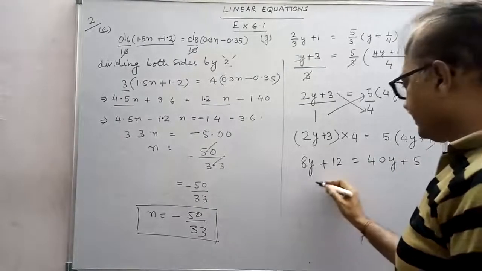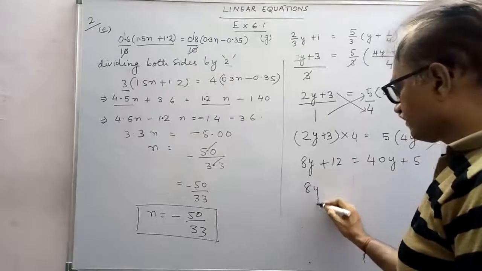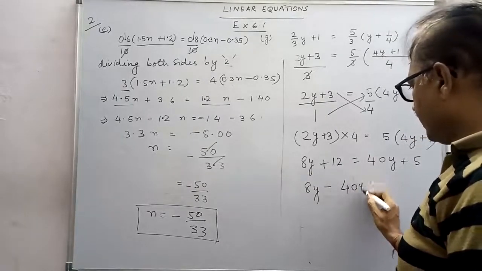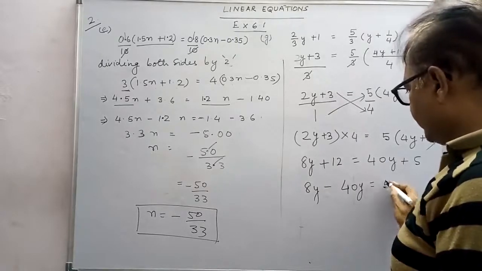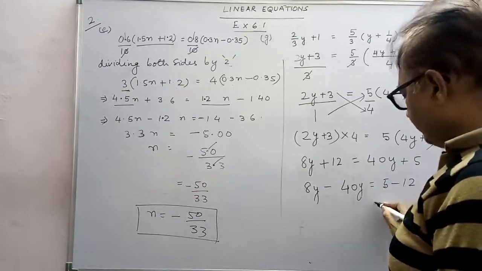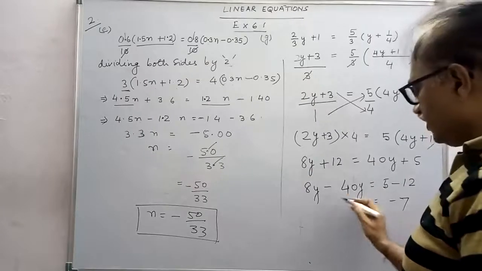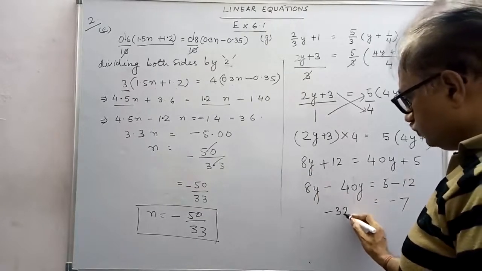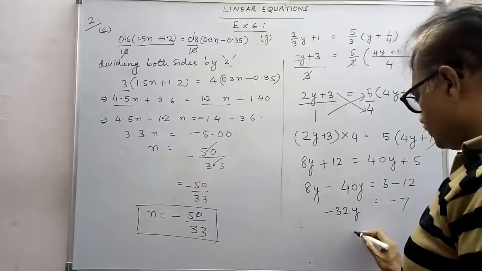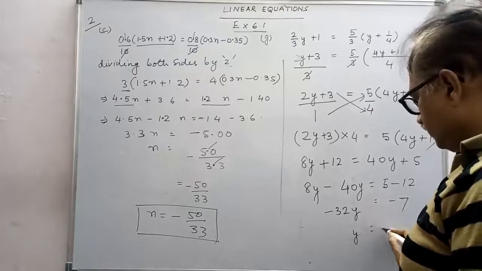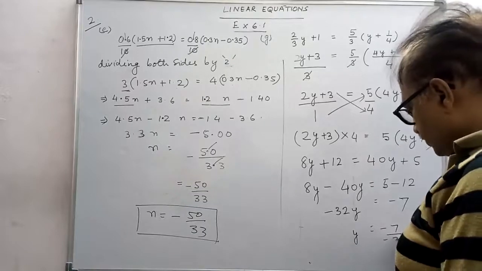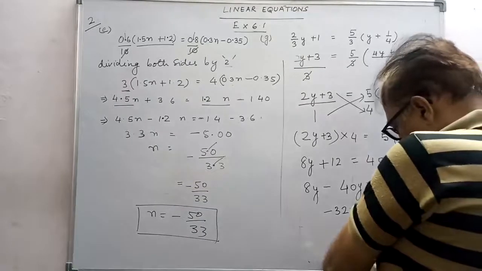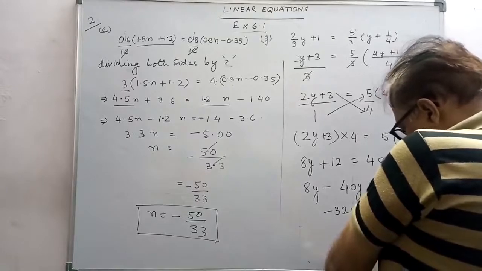So as a result you get 8y minus 40y is equal to 5 minus 12. 5 minus 12 is minus 7, and this side you will get minus 32y. So y is equal to minus 7 upon minus 32, minus minus cancelled.